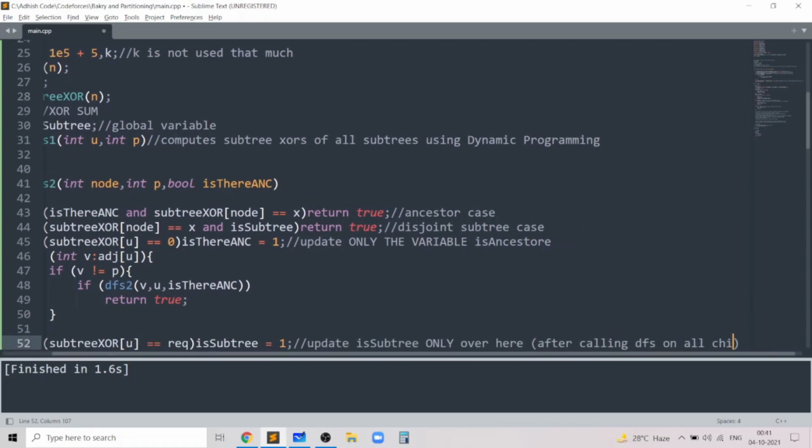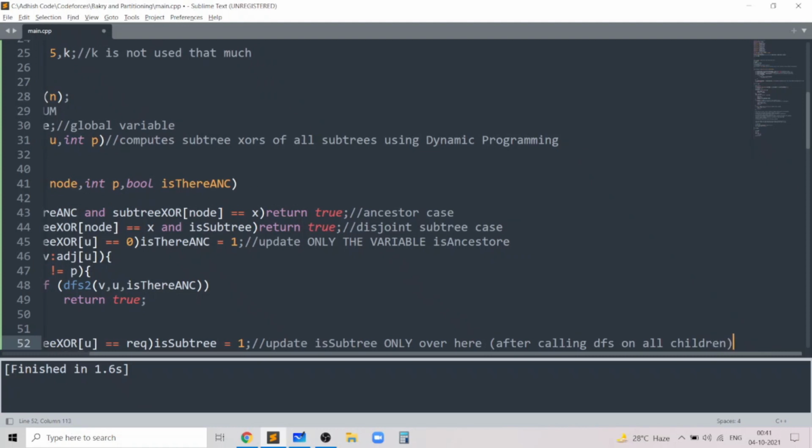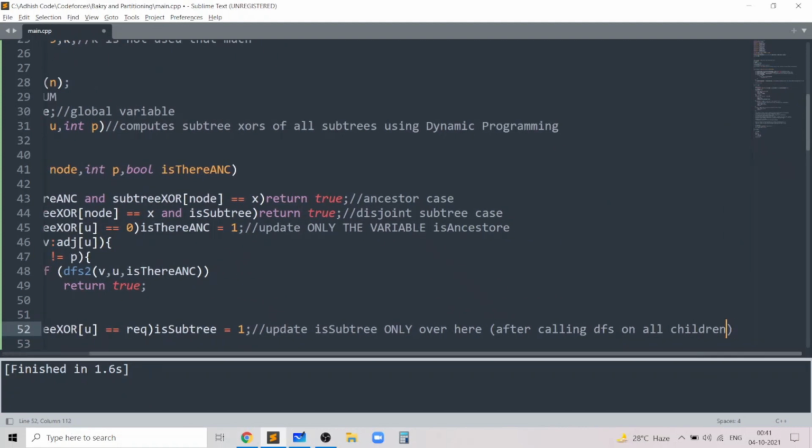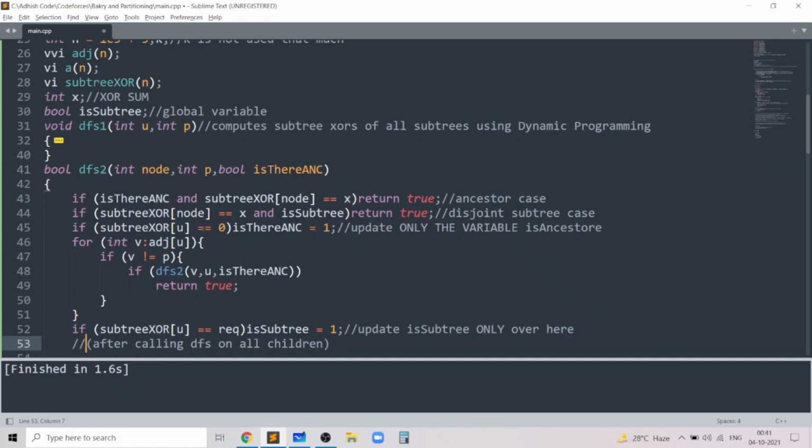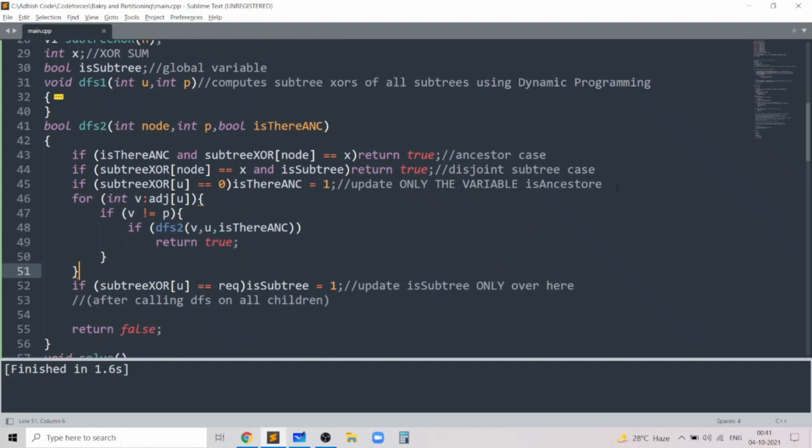So only after we call DFS on all children can we update is subtree for the safety of maintaining the disjoint subtree condition. So for that reason we update is subtree only after we call DFS on all children, and this is the part which just calls DFS on all children. Then this is the second step for search.